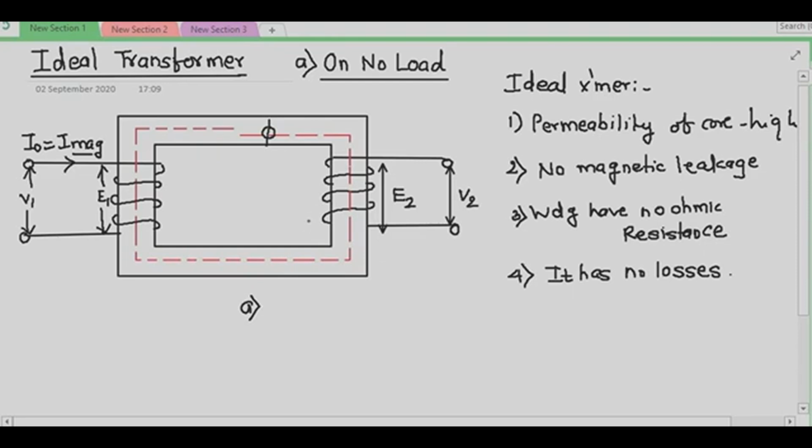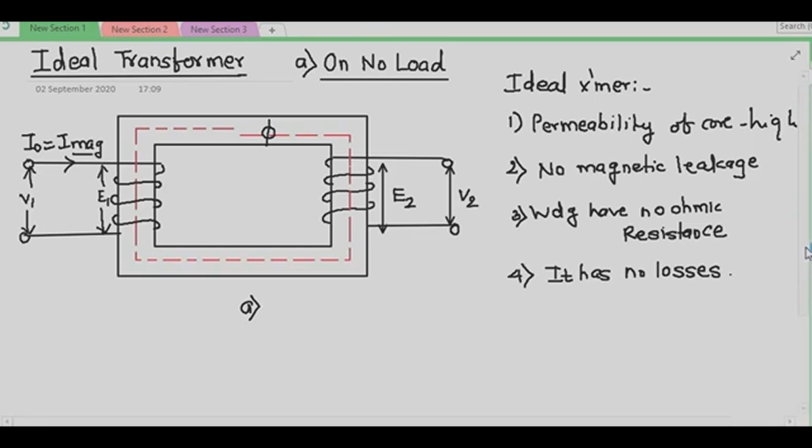This current is purely reactive current, because we have assumed the windings have no ohmic resistance, so my primary winding is purely inductive. So this I magnetizing current will lag the voltage by 90 degrees. And this very small current is responsible for establishing the flux phi in the core, which is in time phase with it.